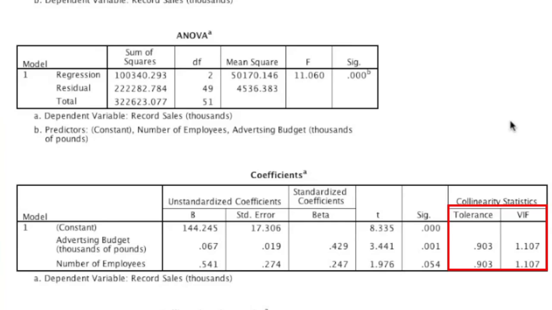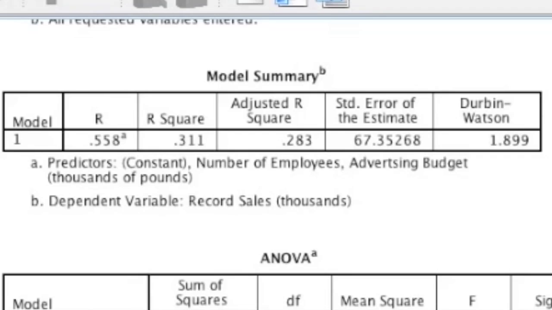So the third assumption is the assumption of independence. For this assumption, what you're assessing is whether or not the residuals are correlated or uncorrelated. And you want the residuals to be uncorrelated. So to check this, you can use the Durbin-Watson test statistic. The Durbin-Watson value can range from 0 to 4. However, a value near 2 indicates that the assumption is met and that the residuals are uncorrelated.